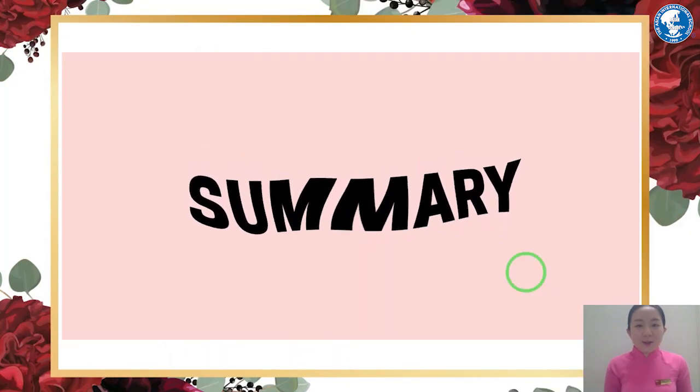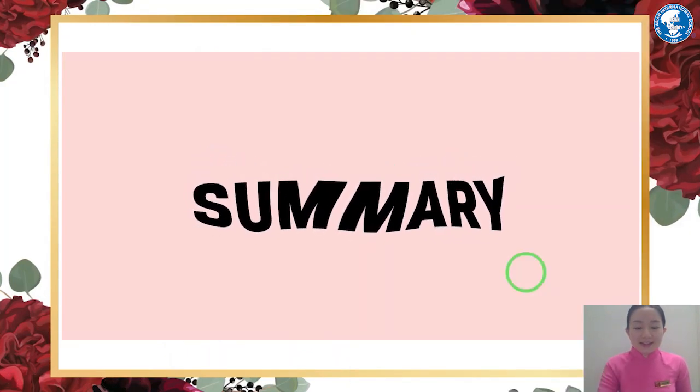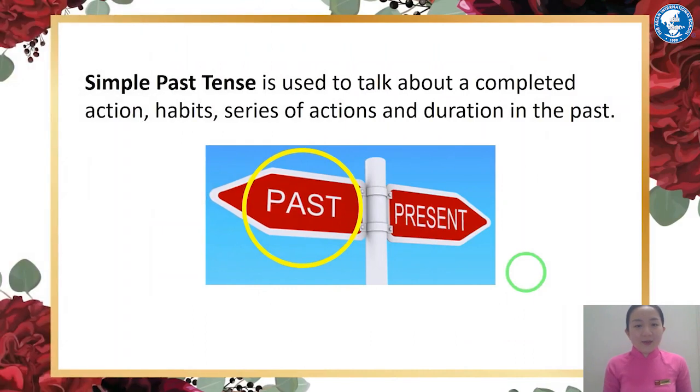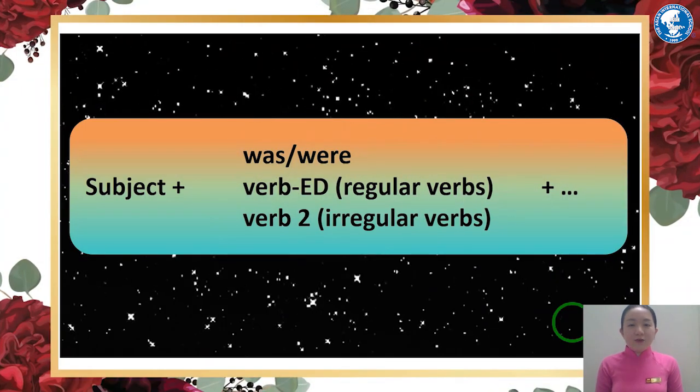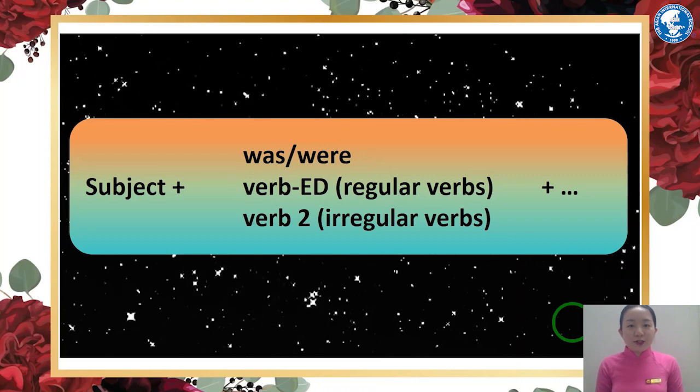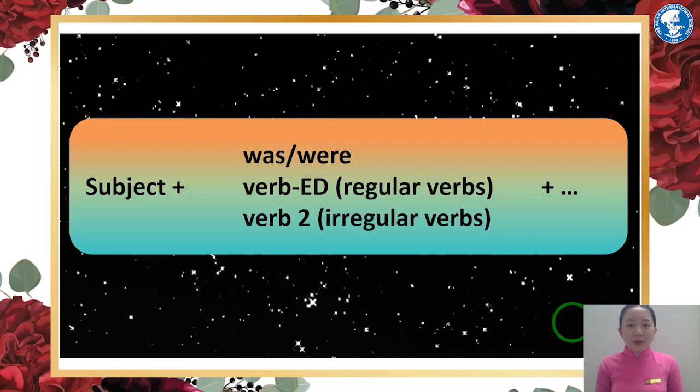This is the last part of our lesson today. Simple past tense is used to talk about a completed action, habits, or series of actions and durations in the past. This is an affirmative form of simple past tense that we learned already. You should keep in mind this structure because it's very important for you to catch up with the next lesson.